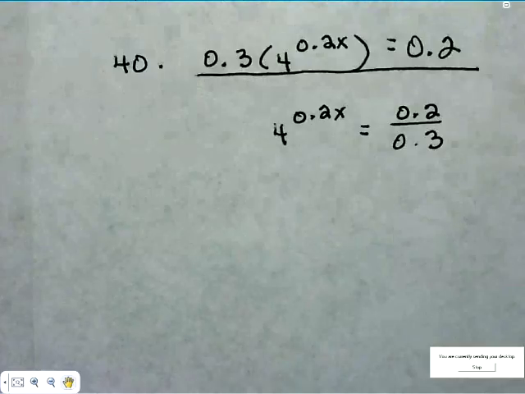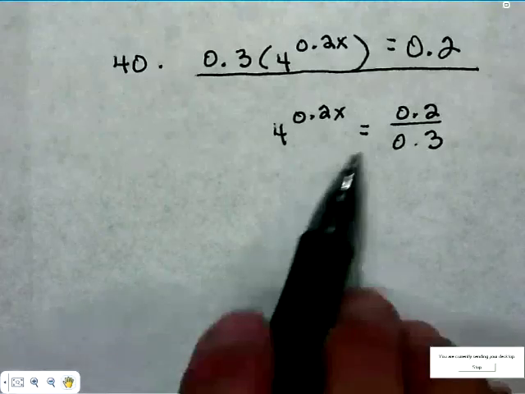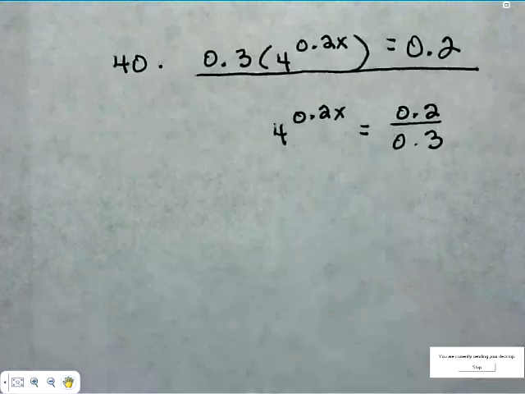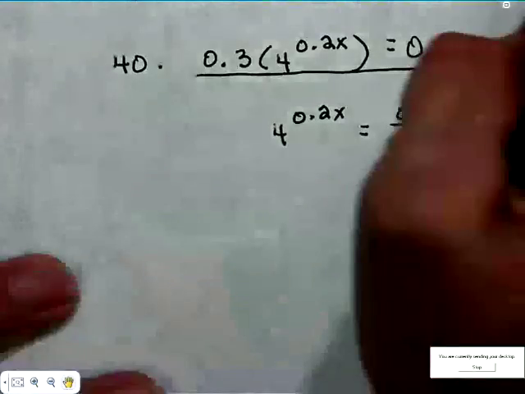I could leave that right-hand side 0.2 over 0.3, but it would make me twitch. No self-respecting math teacher would leave a decimal within a fraction. So how could I fix that?